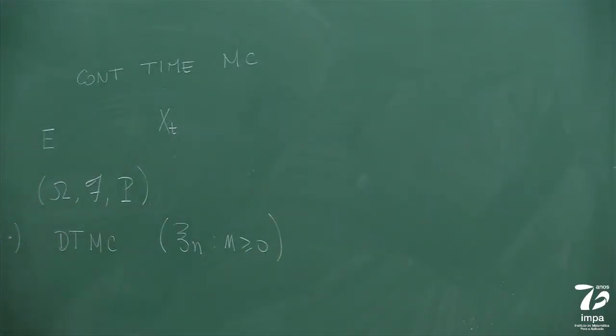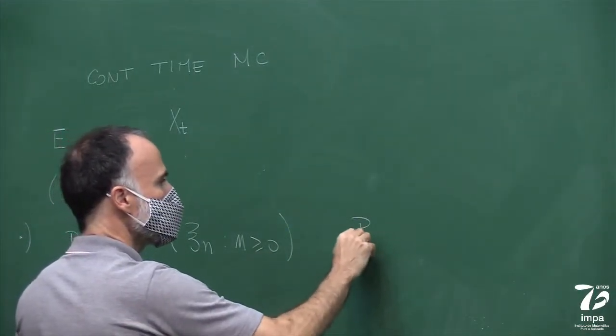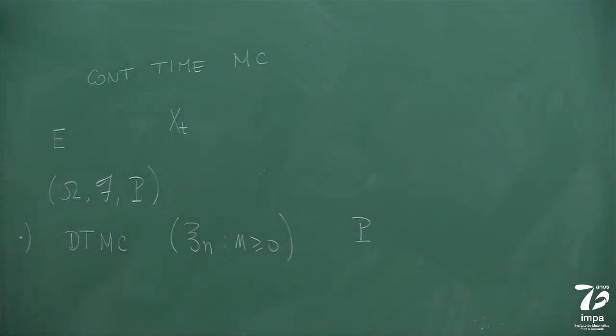And this discrete time Markov chain has a transition matrix which I will represent by P. So I'm assuming the existence of this space, and in this space we have this discrete time Markov chain.